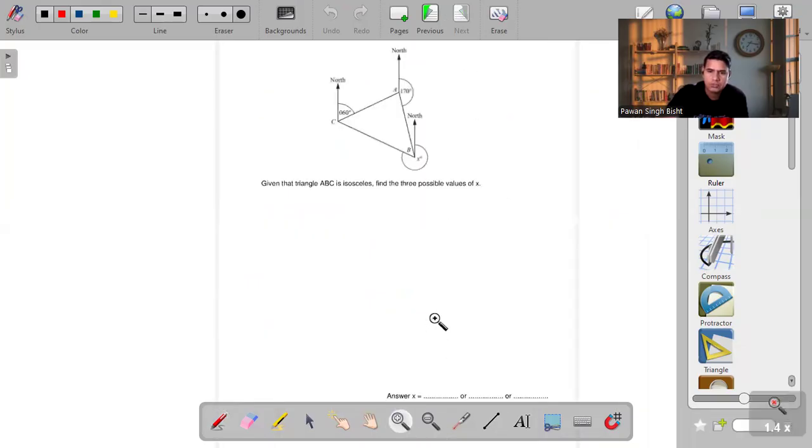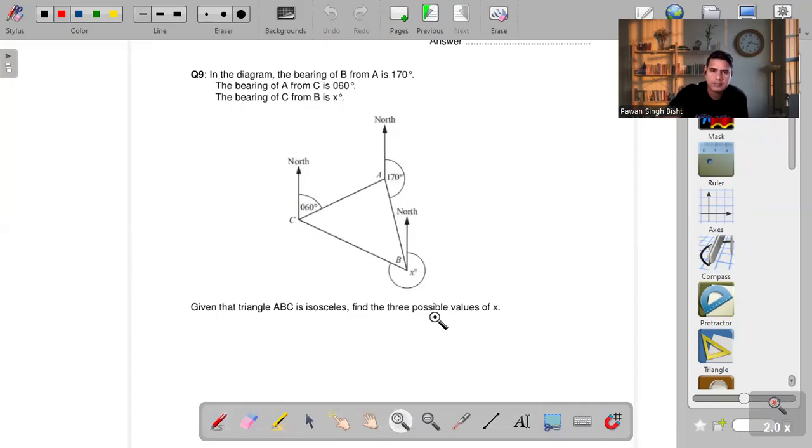So, ninth question is for you to try. I know you all can try this, but there is a hint here. They say the bearing of C from B is given x, and it is been given that ABC is isosceles triangle. Isosceles means any two sides are equal, but it is not been mentioned which two sides are equal. So three conditions you have to take.